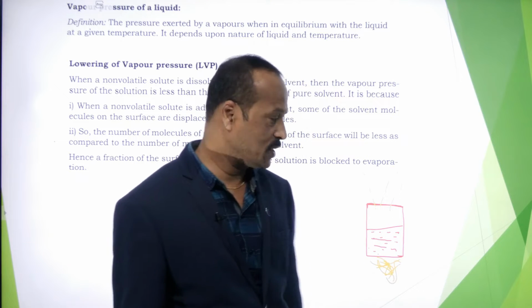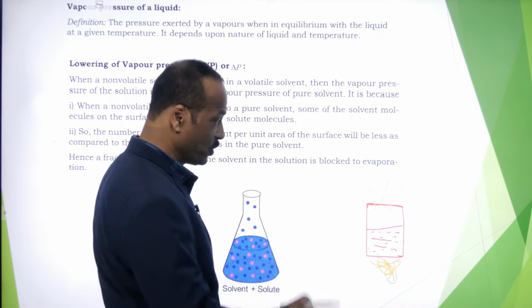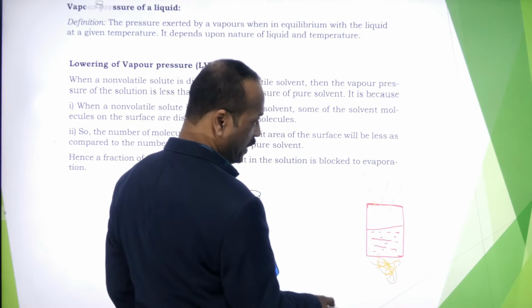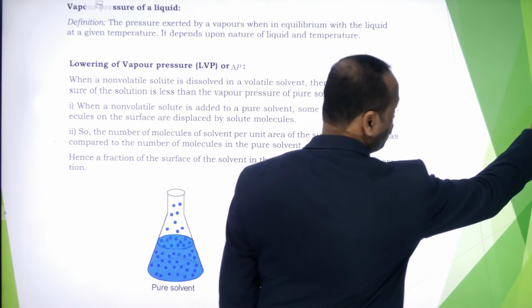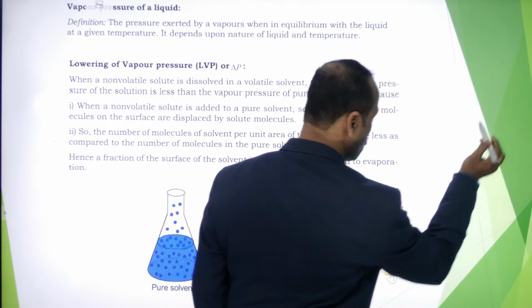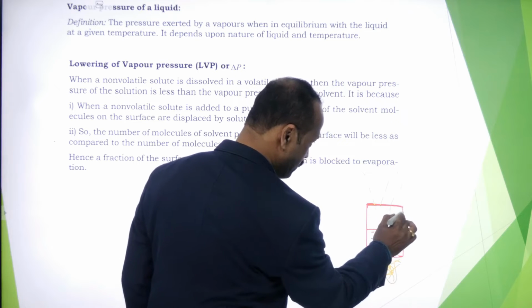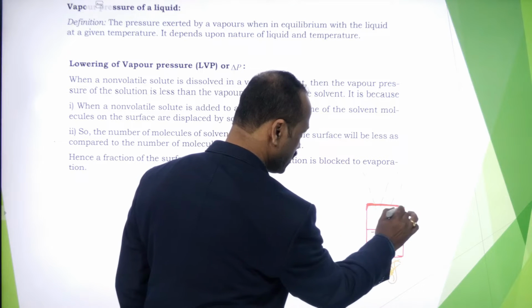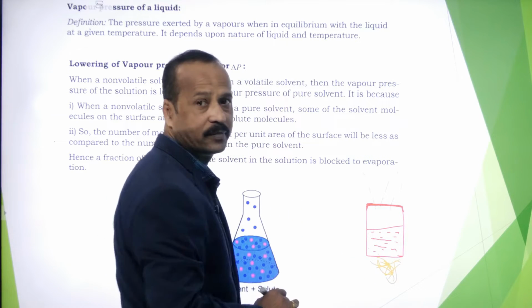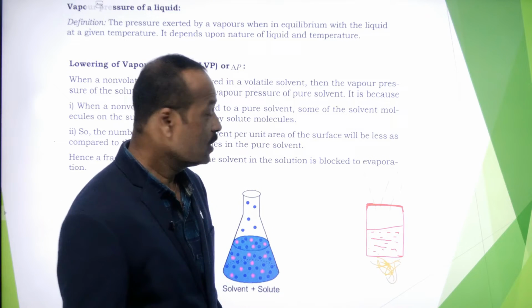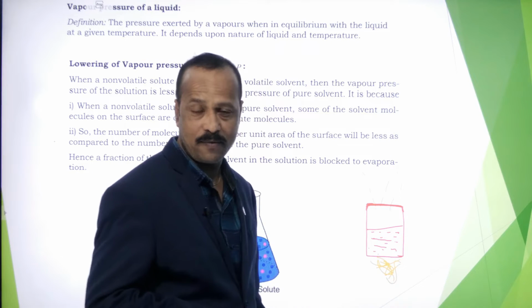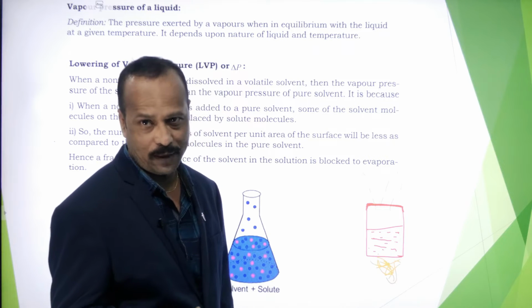Now let's go to the second situation. We take the beaker and we take the water, but this time we close the lid tightly. Now we start heating this one. The temperature rises and it starts boiling.